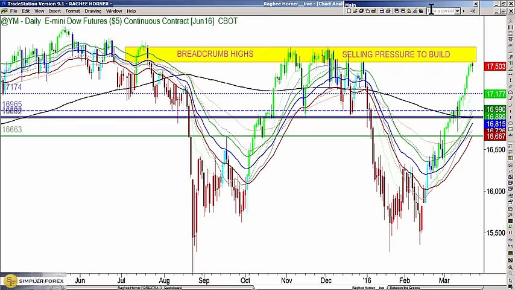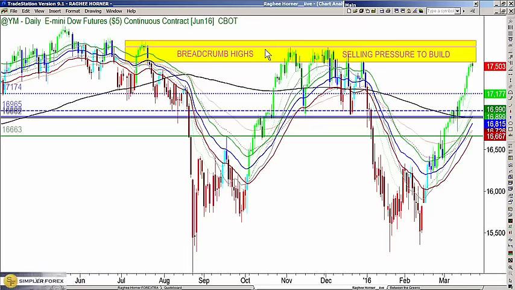That area that I've highlighted has everything to do with recent highs, breadcrumb highs, going back approximately one year. Now, I could add a second layer in here with these breadcrumb highs, a secondary layer based upon this right there.